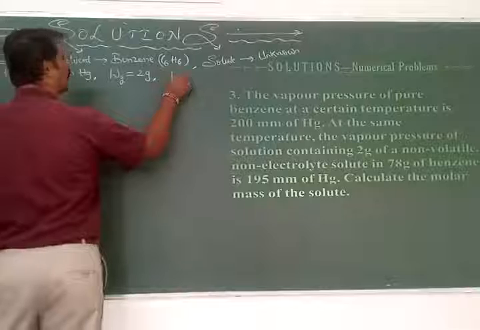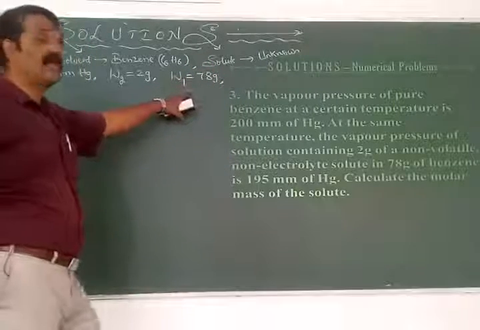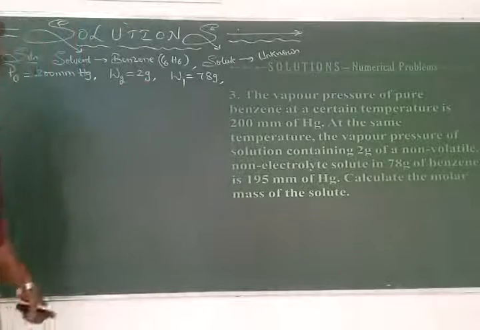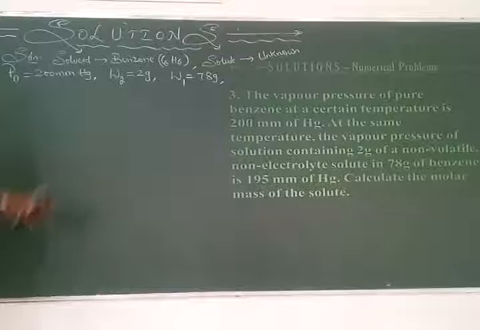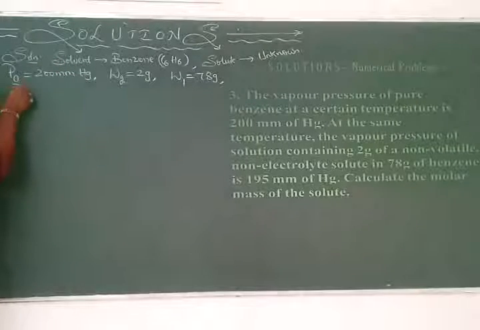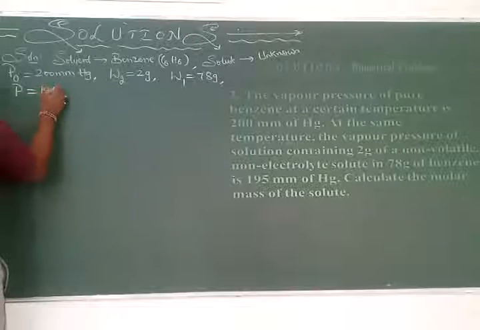Solvent. Solvent means W1 is equal to 78. Mass of the solvent benzene is given as 78 and the mass of the solute, which is unknown, is equal to how many grams? 2 grams. What is the vapor pressure of the solution, means P is equal to, what is the P here? It is found to be 195, I think.